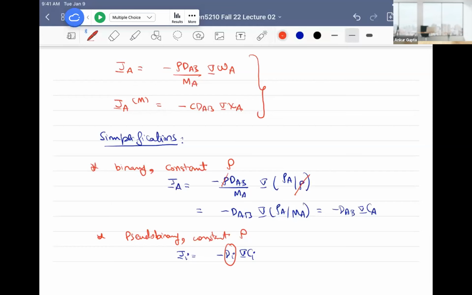I don't have a DAB, I just have a Di. The species I have the diffusion of carbon dioxide in water, diffusion of hydrogen in water, diffusion of oxygen in water, right? You don't specify the solvent, it is just diffusivity times gradient of Ci, okay? And basically, it is the same formula as the binary because it's pseudo binary. Just that you even drop the second phase because we know the second phase is always the solvent.